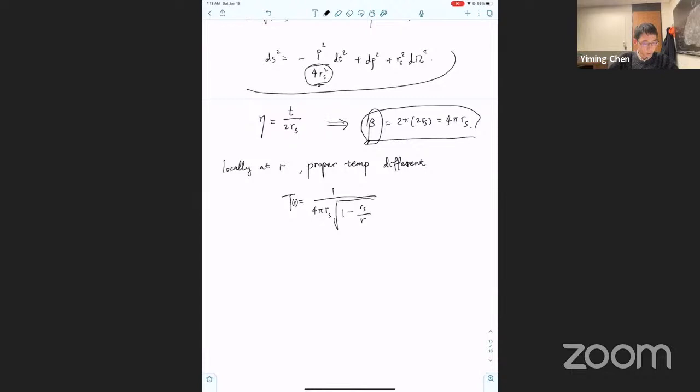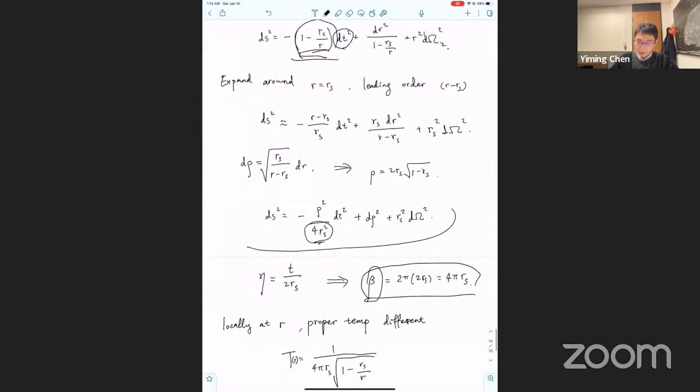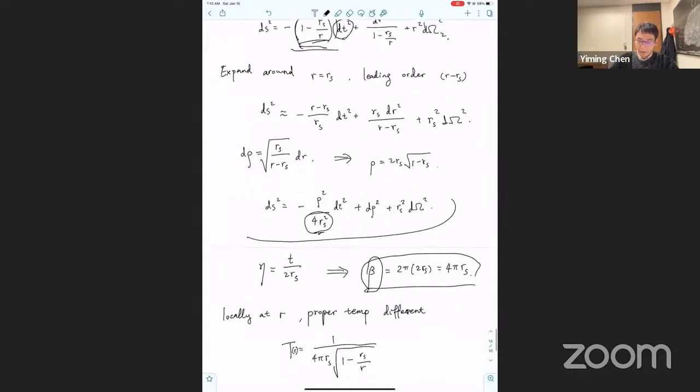I believe that Professor Maldacena has mentioned this point in the class. So notice one point in this discussion, I've secretly assumed something. That is, I assumed that the left Rindler wedge also exists.